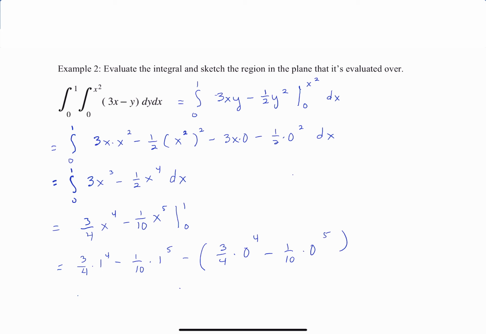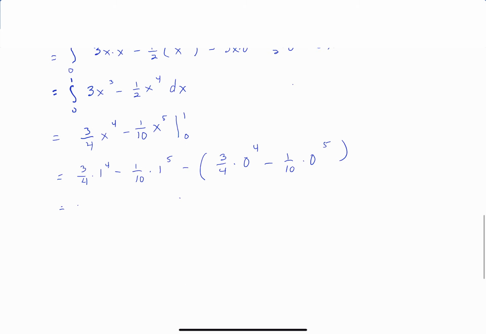And of course the stuff in parentheses is just a 0, leaving me 3/4 minus 1/10. The LCD for those would be 20, so 15/20 minus 2/20, which is 13/20.